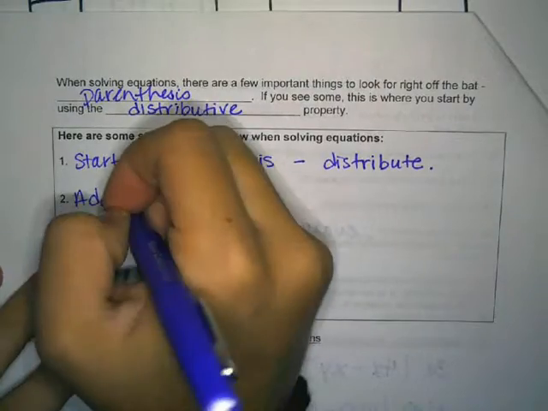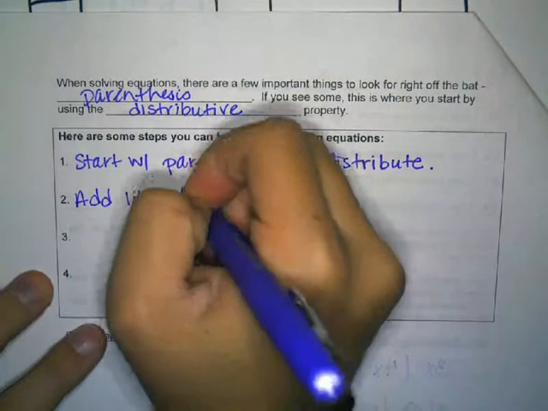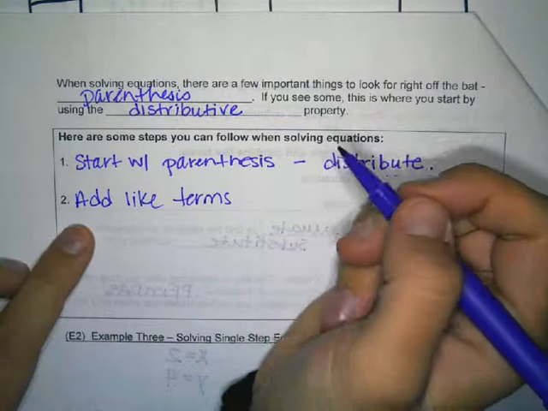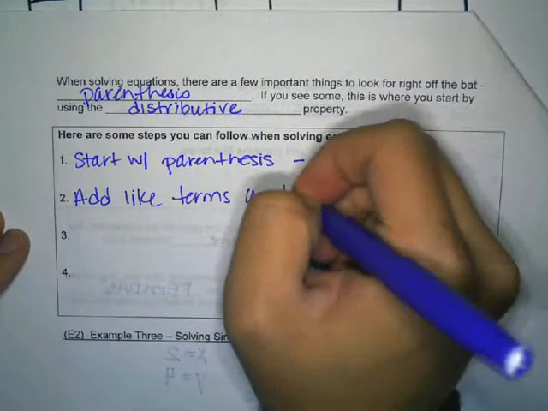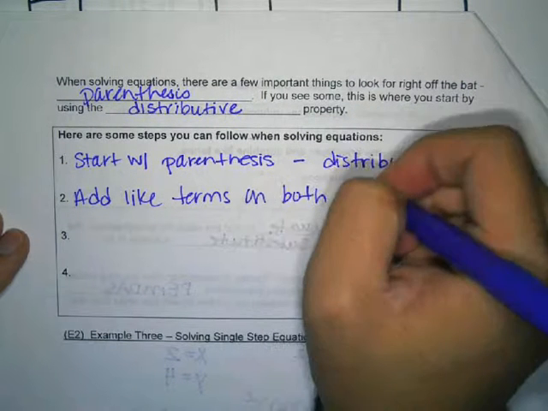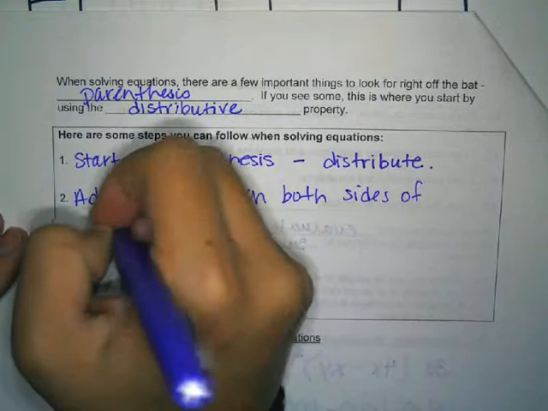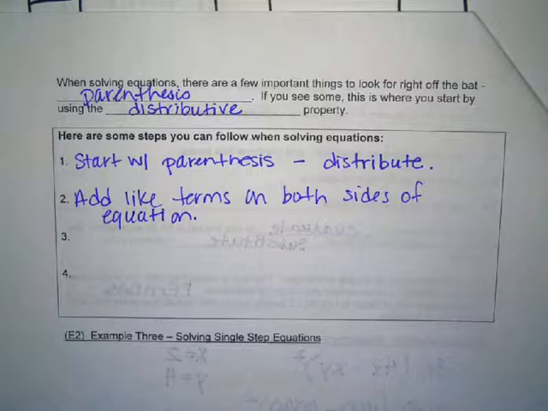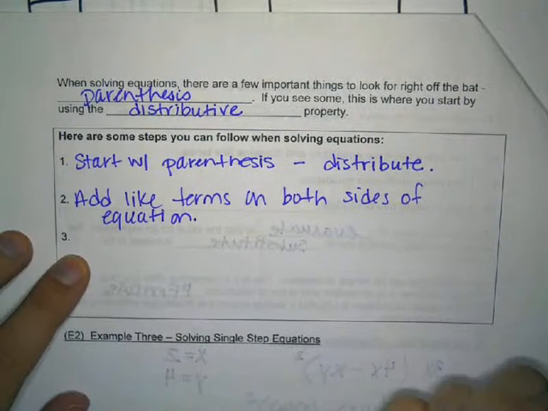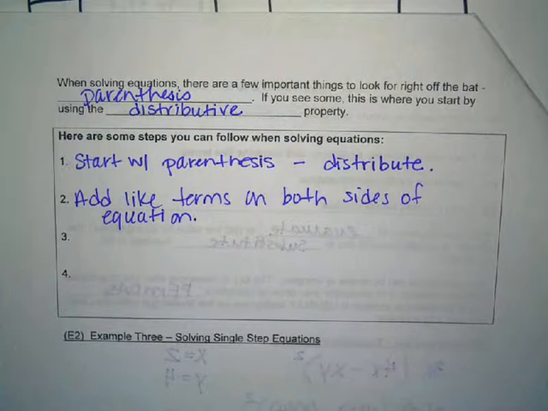You add like terms, or combine like terms, maybe that's a better way to say it, on both sides of the equation. Okay, so this is separate. We do that first on both sides.